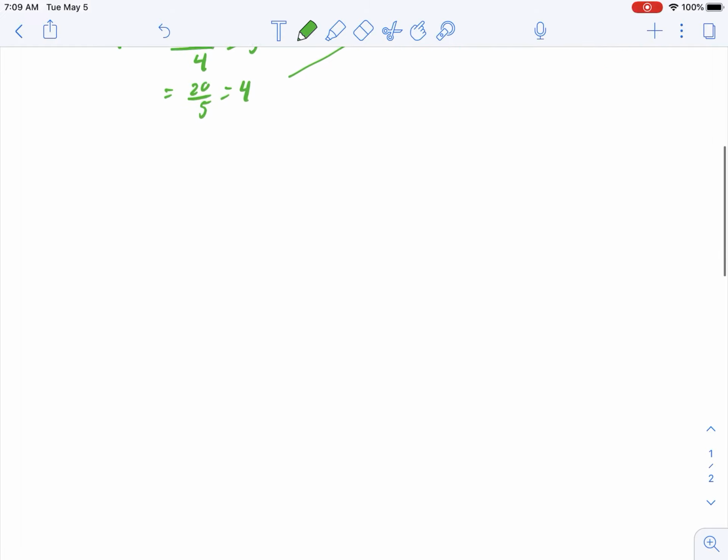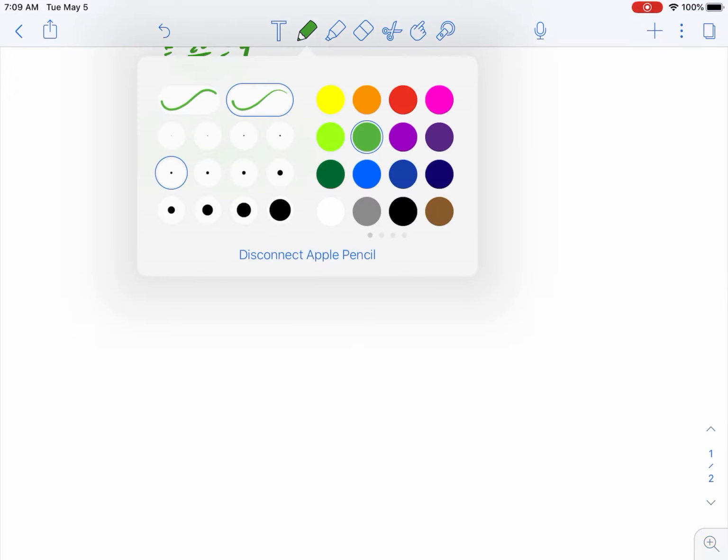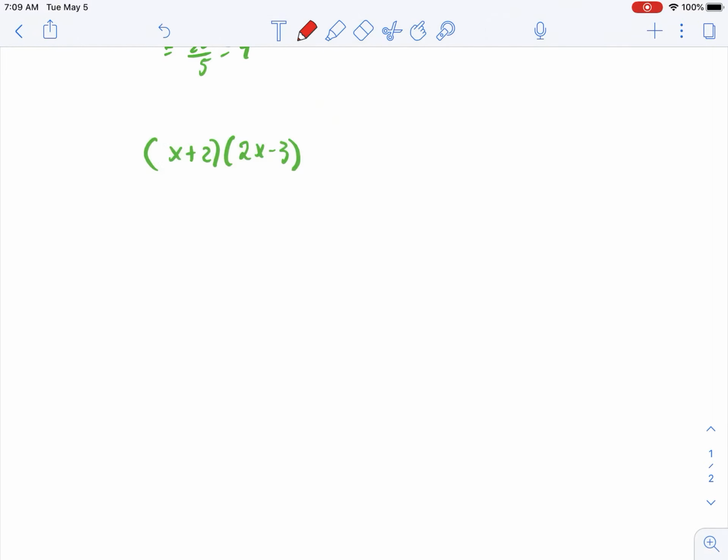One way of doing this is that if I have factors, say x plus 2 and 2x minus 3, and I can factor these out, then I know what I can divide by. For example, I can divide by x plus 2, and that would give me 2x minus 3.